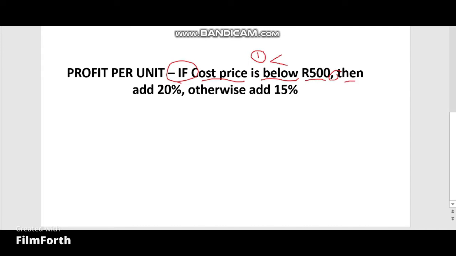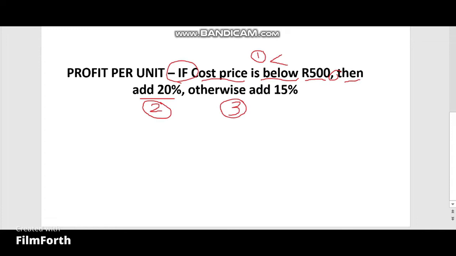And then after the comma, you've got statement number 2, because they say then add 20%, and then statement number 3, they say otherwise add 15%. So if the cost price is below 500, you put 20%, otherwise you add 15%.